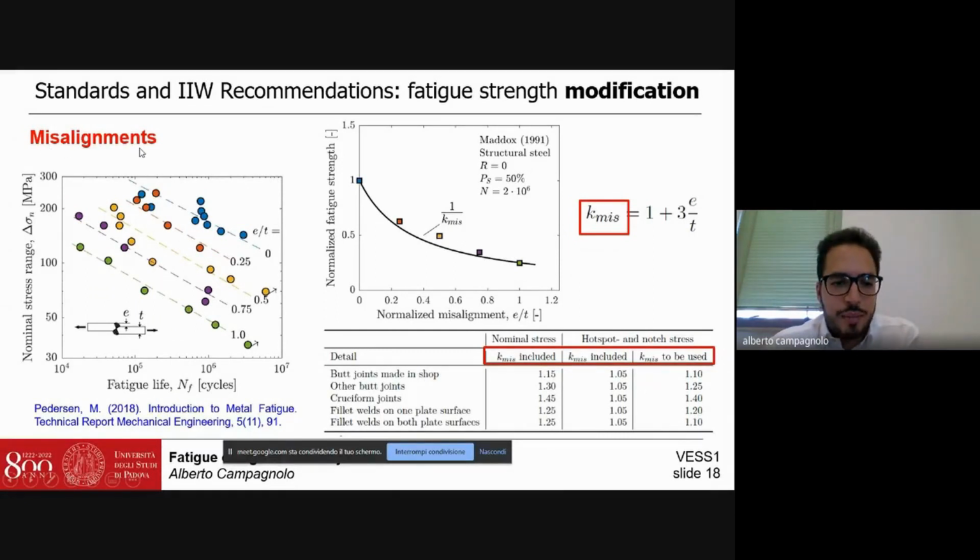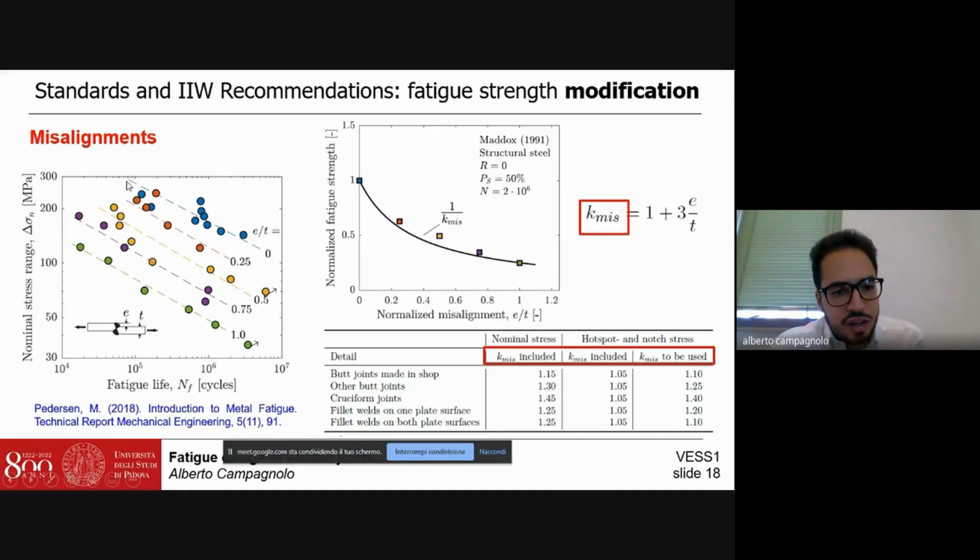Let's discuss briefly the correction factors of the fatigue strength category. First of all, the misalignments. We have to take account of a possible offset called E in this figure of the plates, so that when we test these welded joints under nominally pure axial loading, if there is an offset of the plates, we can induce also a secondary bending loading, which increases locally the stress state close to the crack initiation location, which is the weld toe.